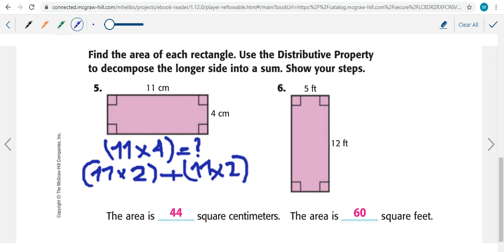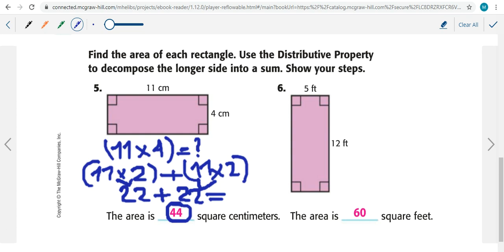Now, how much is 11 times 2? 22 plus 22. The answer is 44. Okay? Remember that we decompose so we can do it easier and faster.